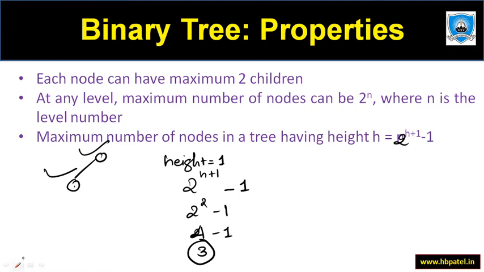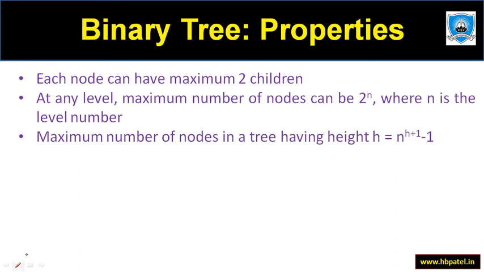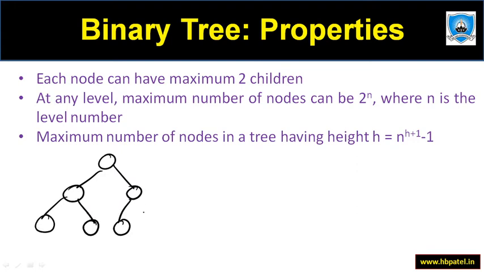Same way you can continue like this. You can have a tree like this, wherein the height is 2. You can see the height is 2, because the maximum number of edges from the root is 2. So height is 2, so 2 raised to 2 plus 1 minus 1.